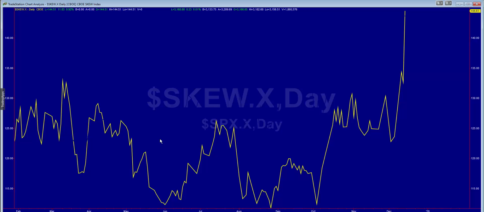If one was to buy a call on the SPX trading at 100 at a strike of 110, for a period of, let's say, 30 days, you might expect that call to cost more than $10, but not much more. It might cost $12.50. And a call is a bet that the market would be going up.